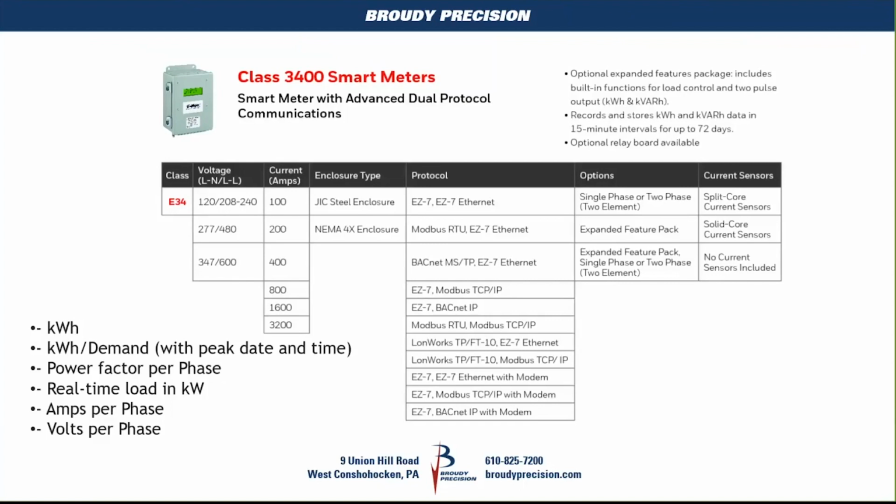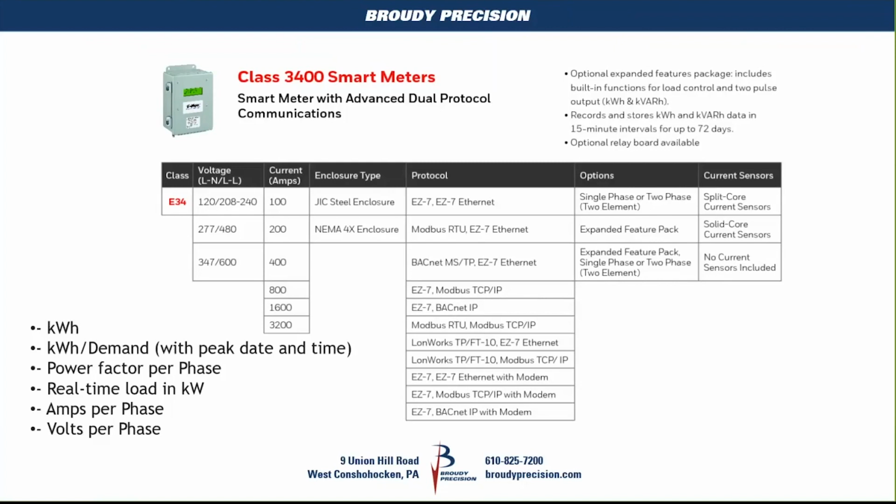So on this particular flavor, we can do the EZ7 protocol, Modbus, BACnet MSTP. So yes, it does do RS485, certain models of this 3400 smart meters. So there's a number of different protocols that, as you spend more money on the higher class of meters, it gives you more stuff that you can pull out of your energy information.